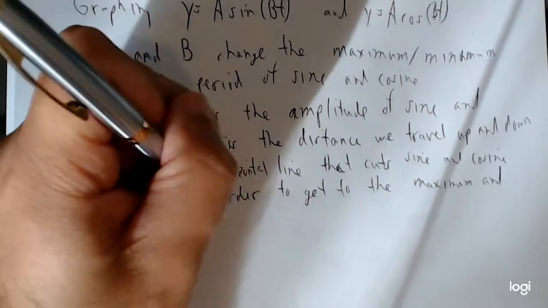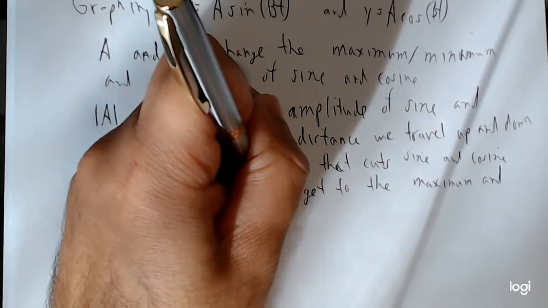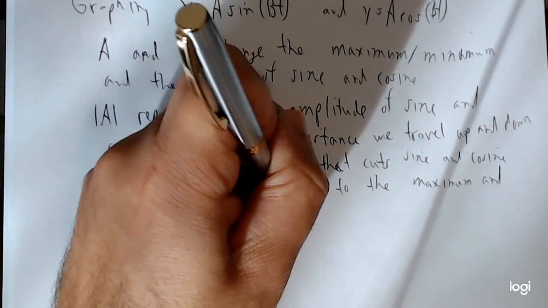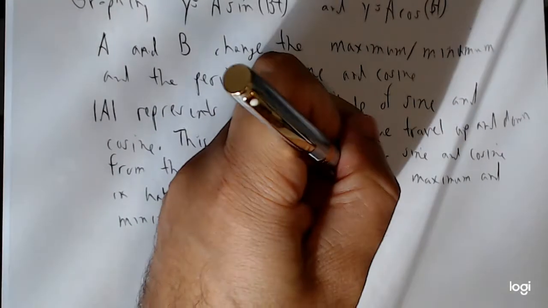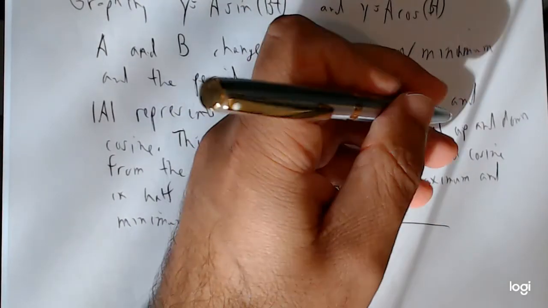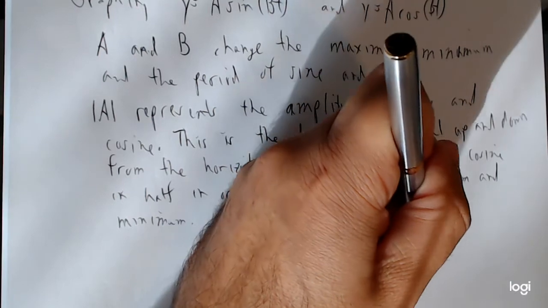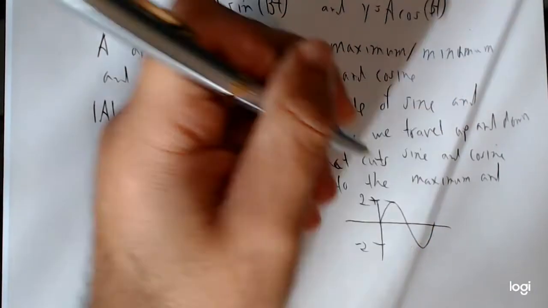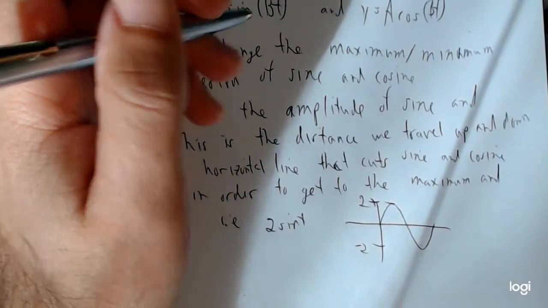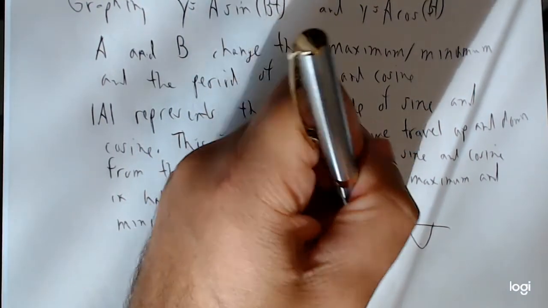So, for example, a quick example would be if I gave you the graph of 2 sine of t. What's this 2 saying? You're multiplying all the y values by 2. So the graph would look something like this, where the maximum becomes 2, the minimum becomes negative 2. But just because this is 2 and negative 2, it doesn't mean the amplitude is 2.